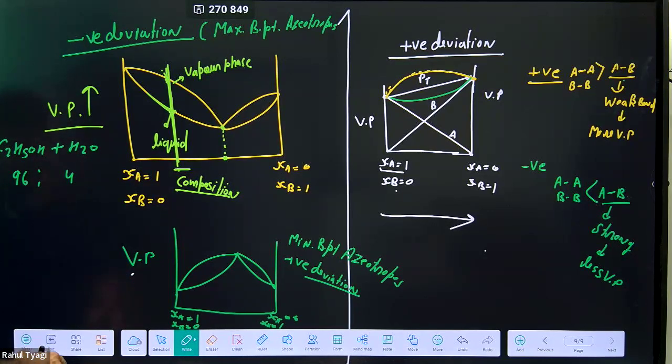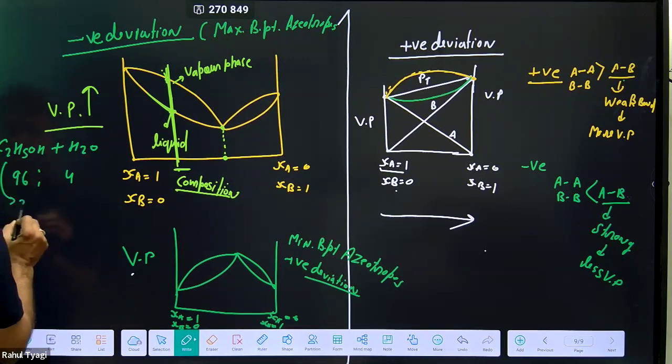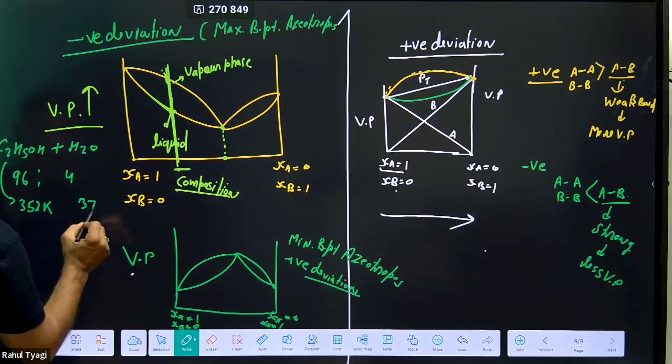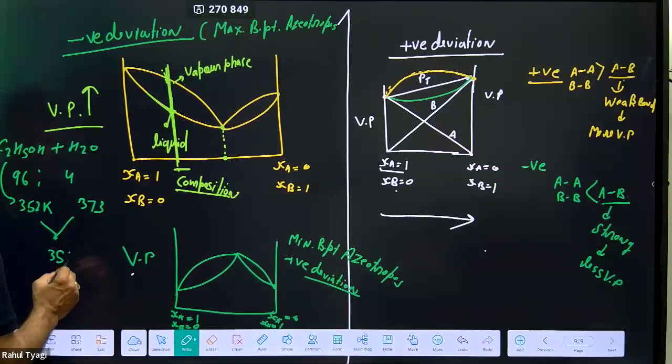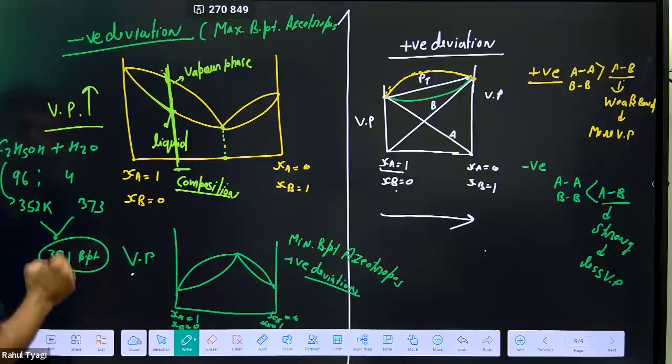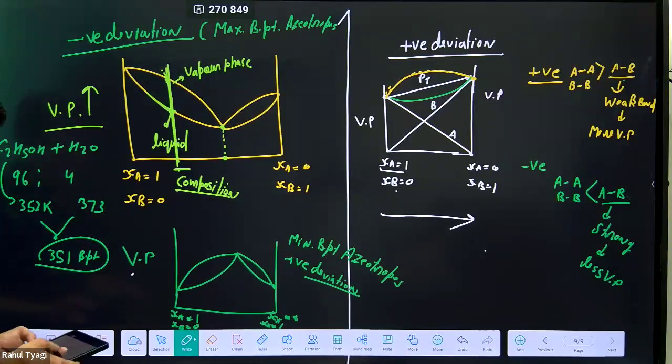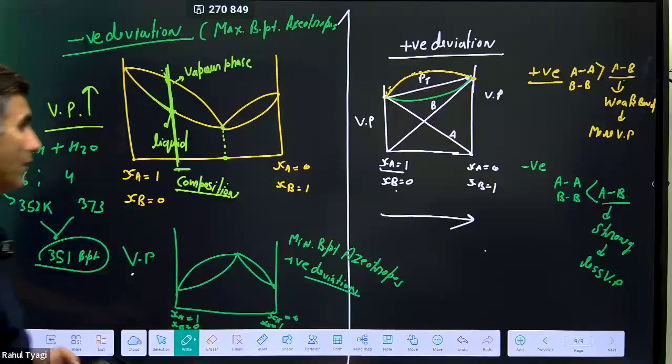Its boiling point is 352 Kelvin. Water's boiling point is 373, and if I mix these, they form the 351 boiling point. So I can say it's a minimum boiling point azeotrope.